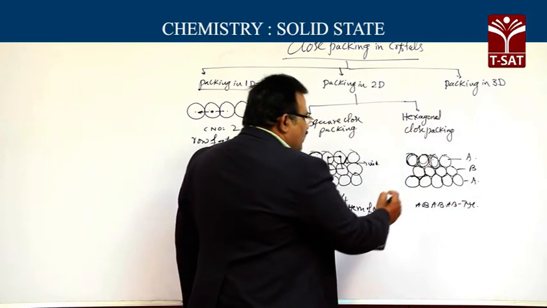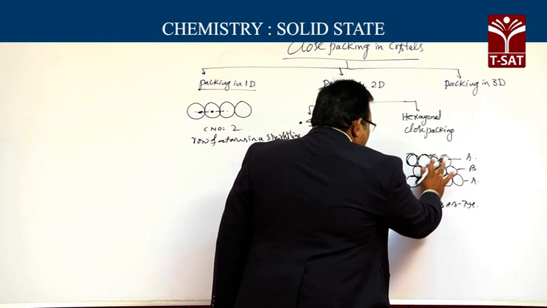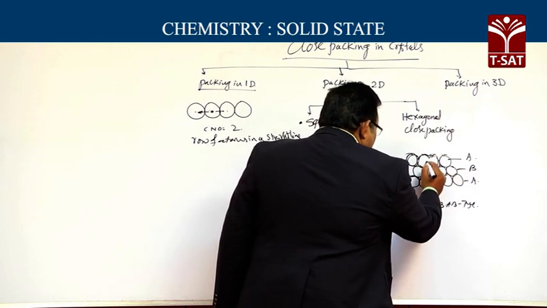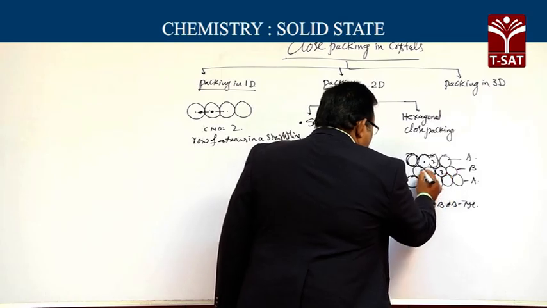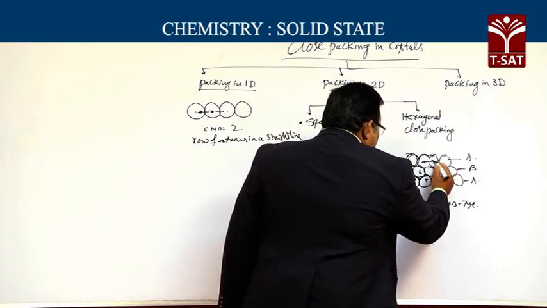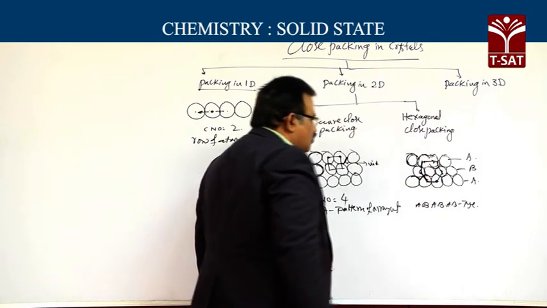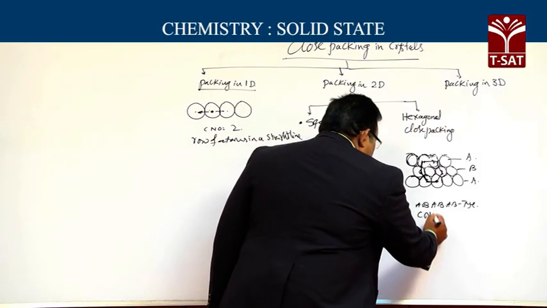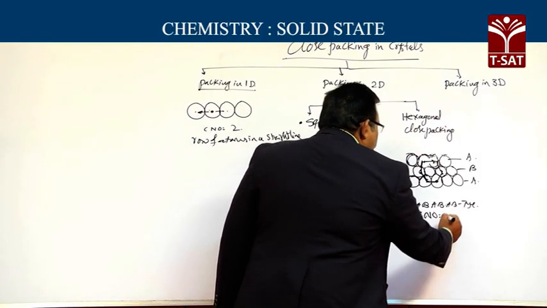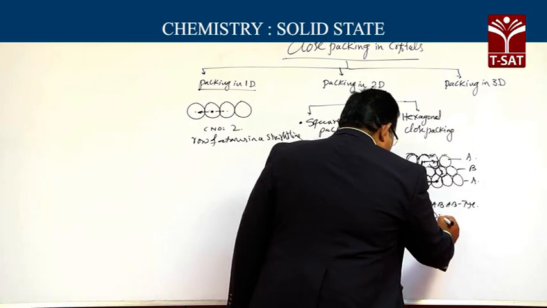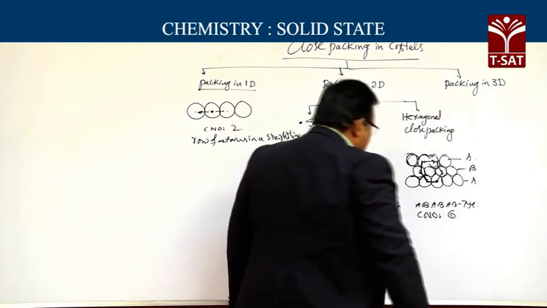If you observe the coordination number, see 1, 2, 3, 4, 5, 6. These 6 spheres are very closely arranged in the crystal. So, the coordination number of hexagonal close packing is 6.